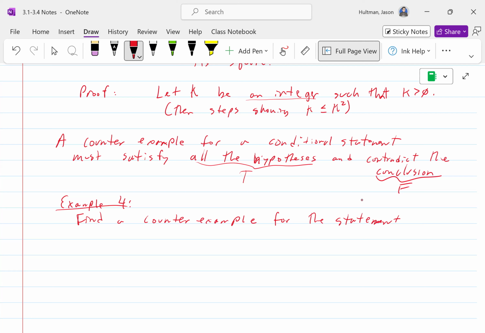For any real number x, if x is greater than or equal to 0 and x is less than 1, then x squared is less than x. So what's the counterexample?